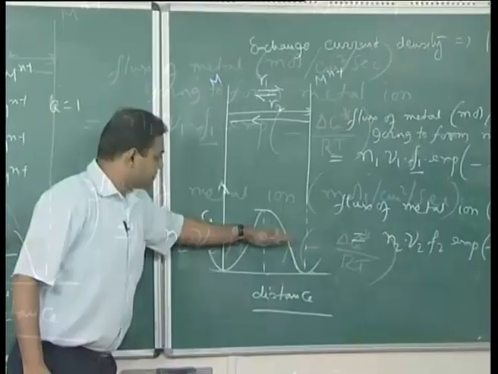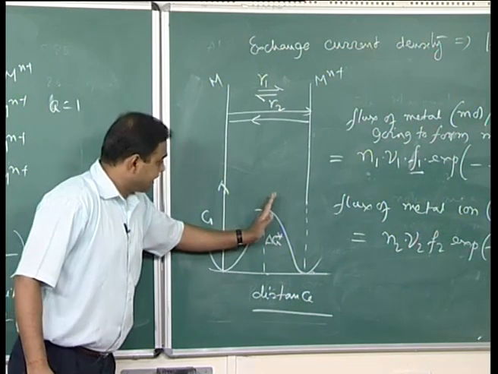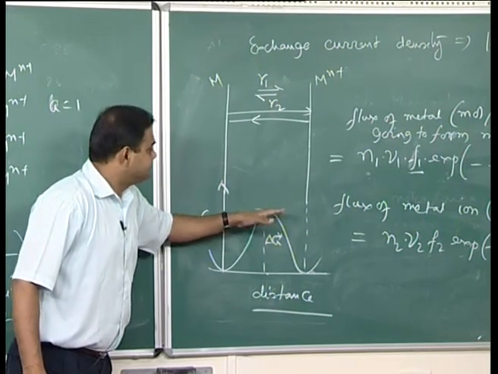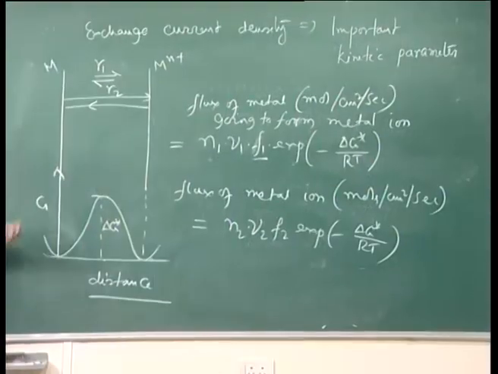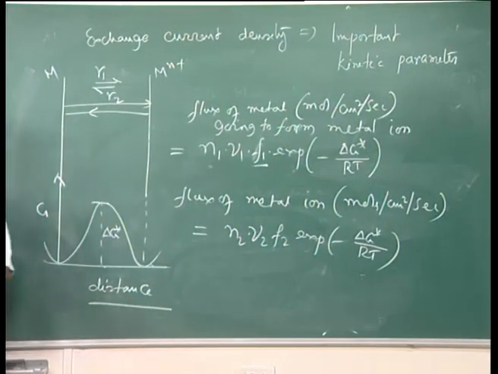Since there is an activation barrier and this is a thermally activated process, I can express the flux in the form of the Arrhenius equation.